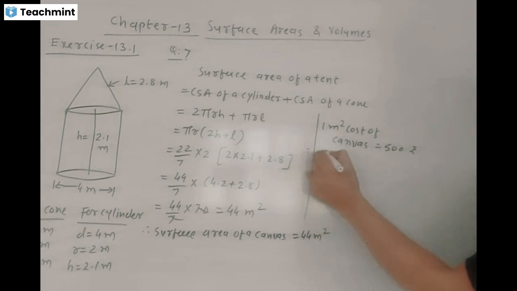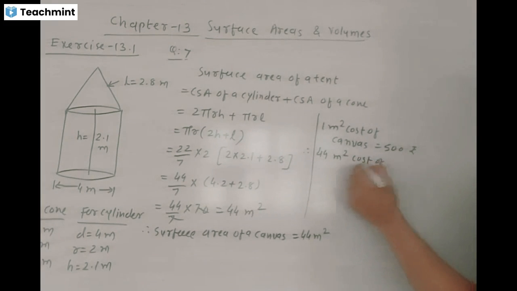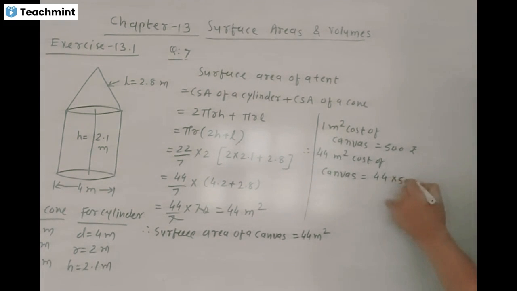Therefore, we used 44 meter square of canvas. 44 multiplied by 500 is equal to 22,000 rupees. The cost of the canvas is 22,000 rupees.